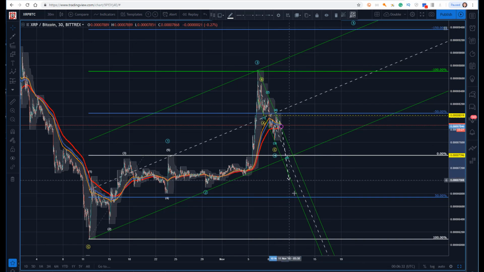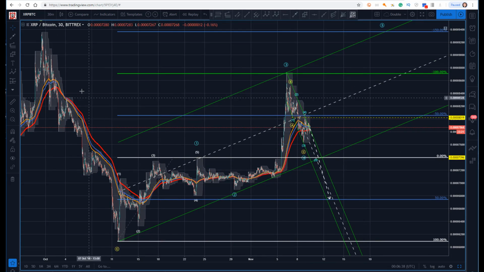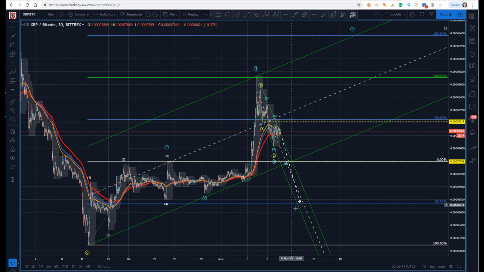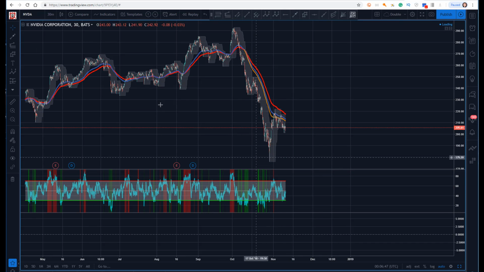We've just had an ABC, and then we're just in the process of starting the 1 wave down before we start heading lower again. So you've got some technical pivots here that are going to be tells.